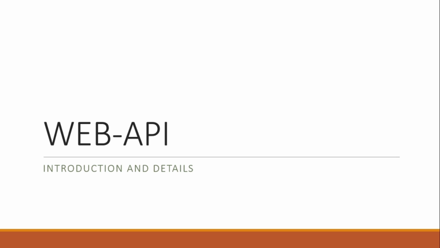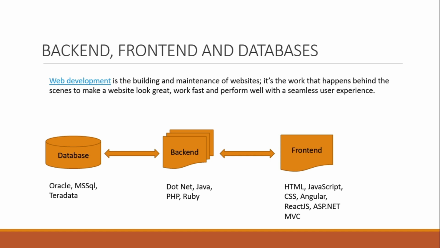So basically any website has three different parts. Okay, so the first part is backend, frontend, and databases. How we are consuming and developing a web API or web applications using these three components.